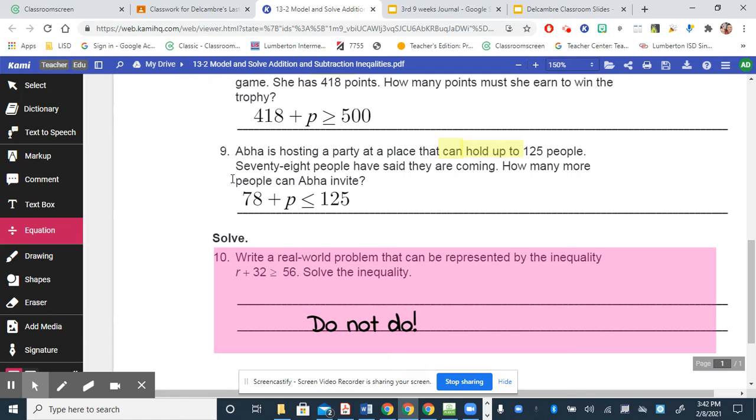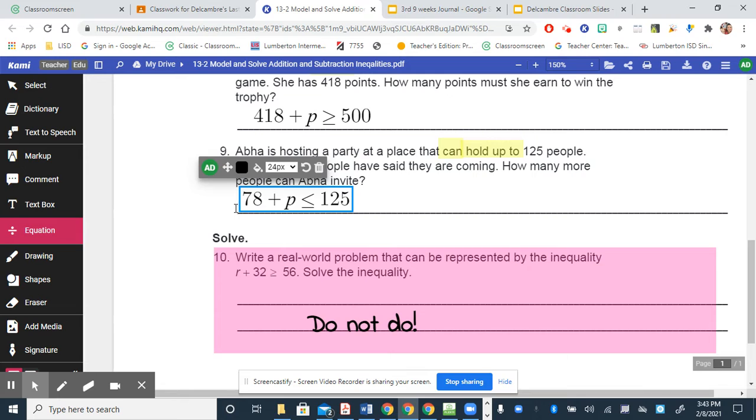All right. Number 9, Abba is hosting a party at a place that can hold up to 125 people. 78 people said that they're coming. How many more people can Abba invite? Can hold up to 125, so less than or equal to, meaning 125 is the max. She cannot go over 125. She has to have 125 or less.